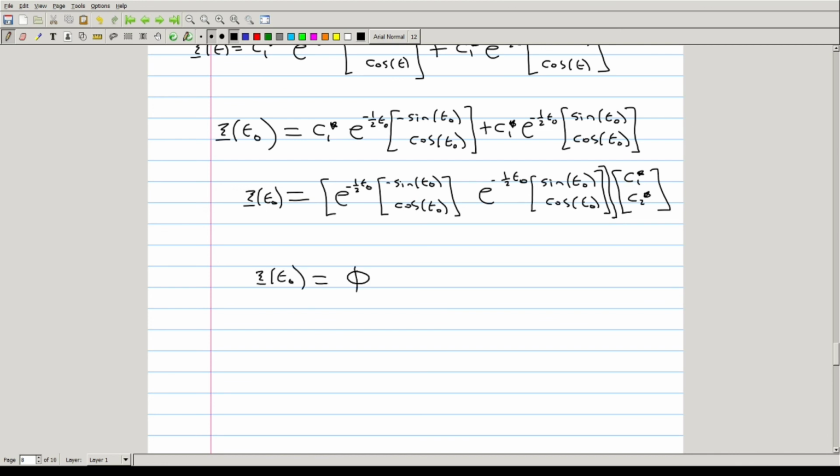So this is the fundamental solution matrix. I'll call it capital psi of t naught, because it's the real fundamental solution matrix multiplied by the vector c1 star, c2 star.